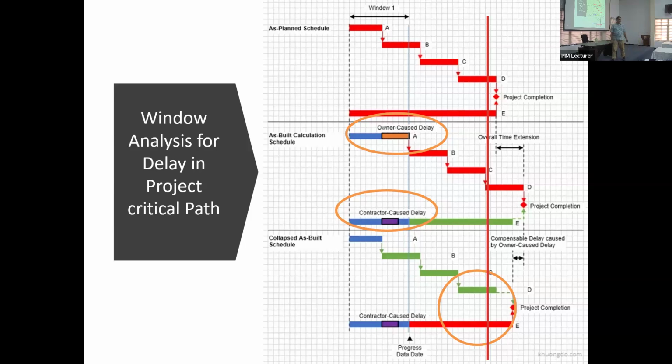Now comes the problem case. In November, floods came. This is a real example, it happened to me. Floods came and the project was stopped for 1 month. The country came to a standstill, right? Now, 1 month delay.